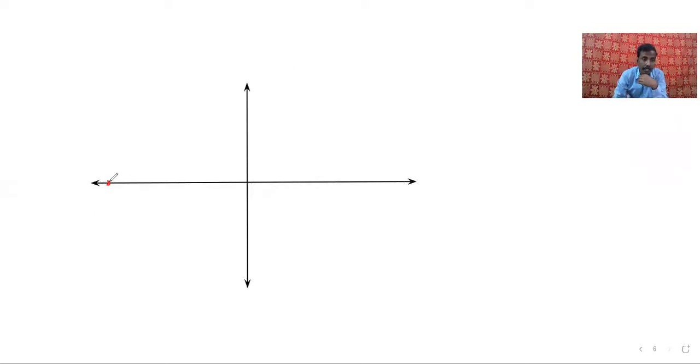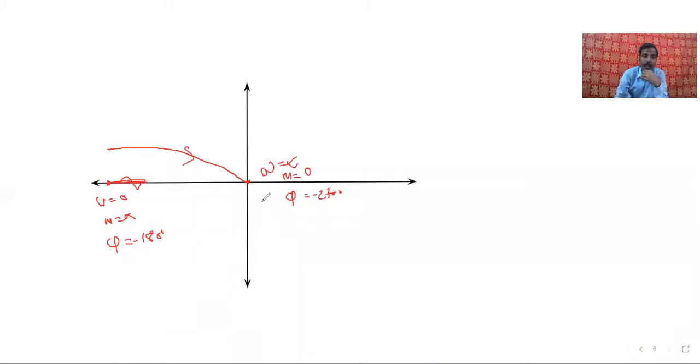In this case, omega 0, M infinity, phi minus 180 degree, and the terminating point omega infinity, M 0, phi minus 270 degree. Suppose this is the polar plot, and the corresponding Nyquist is the mirror image.